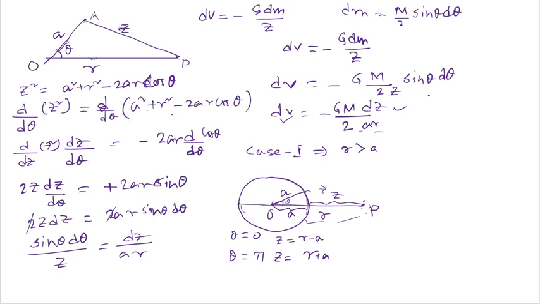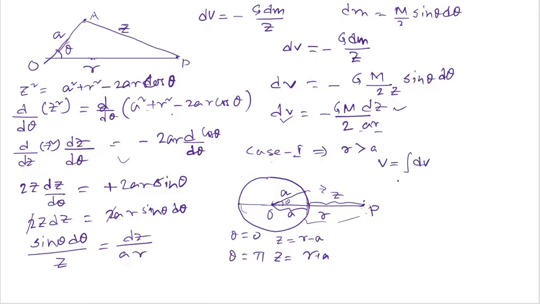Now in case 1, my main aim is to integrate all the rings with different sizes. For different sizes I have different distances from the point, and then I have different masses. All that I have solved algebraically, and I found the final thing: dv equal to minus GM by 2ar dz. I have to integrate, correct? So V is nothing but the integral of all that.